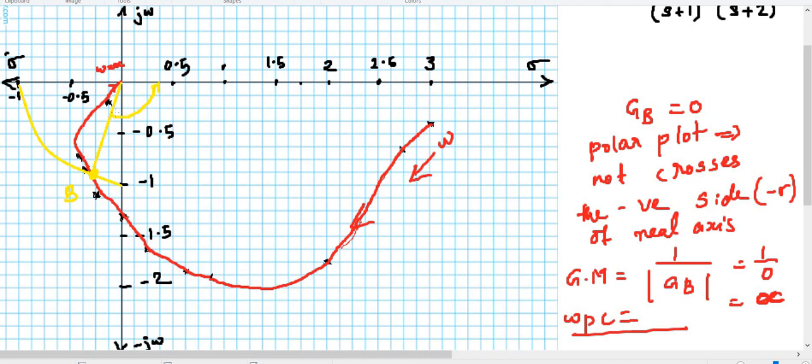This angle we have to measure, and I can mark it as phi GC.